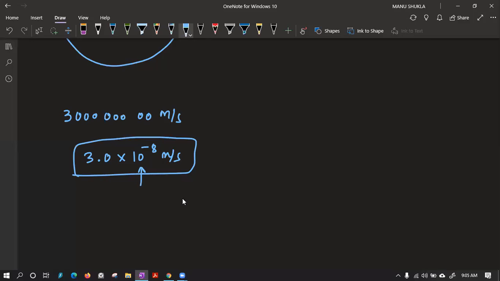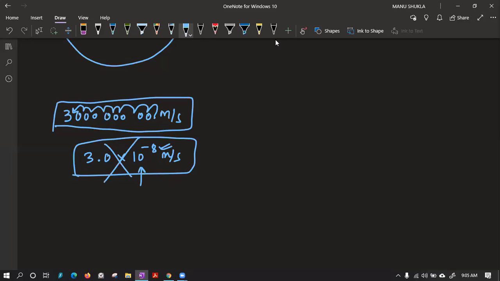So you need to think like this: if the number is much larger than 1, how can you have a negative power like minus 8? This is the first hint that should come to your mind. The second hint: if you put the decimal at the end and move towards the left, you are moving 1, 2, 3, 4, 5, 6, 7 and 8. So you have moved 8 places to the left, and it becomes 3.0 into 10 to the power 8 meter per second.